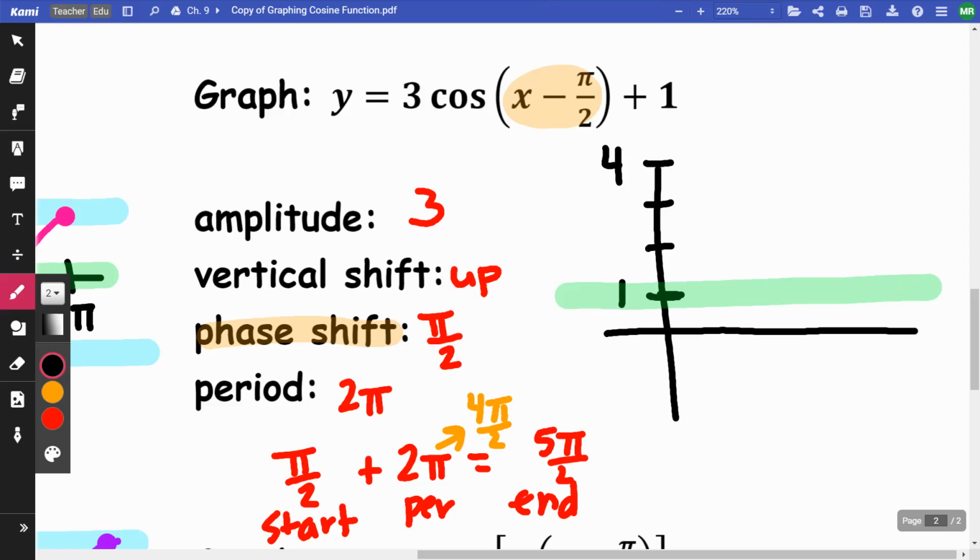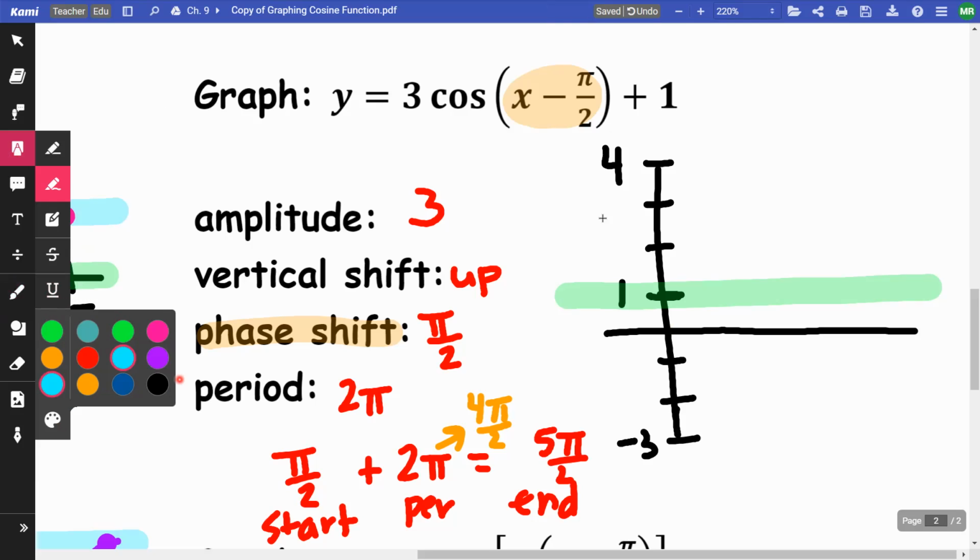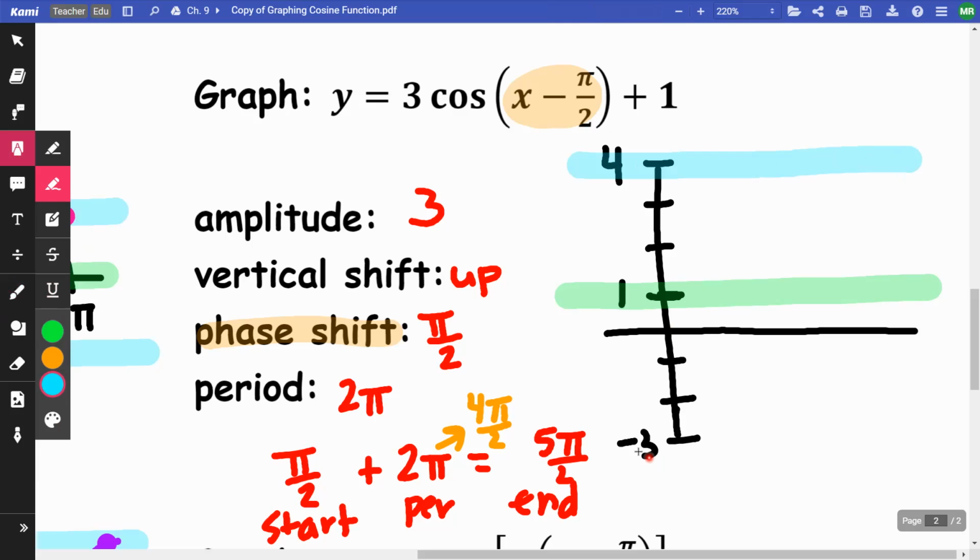So I'm going to be up at 4. And be careful here, 1, which puts me on the x-axis, 2, 3, 4. So I'm going to be down at -3. So I am going to have a high at 4 and a low at -3.